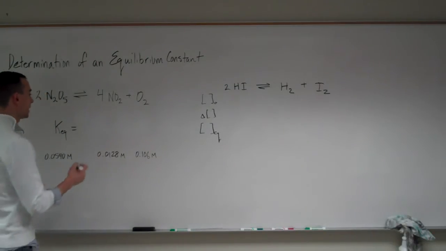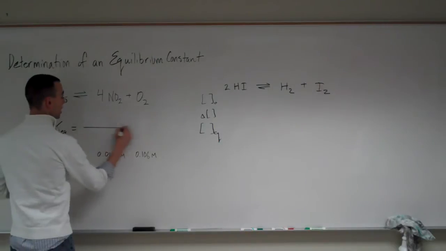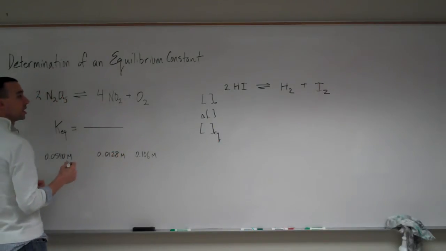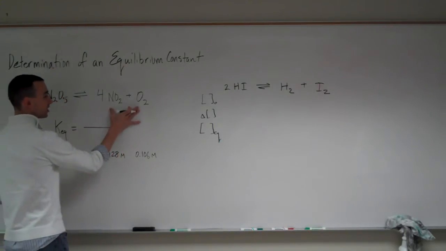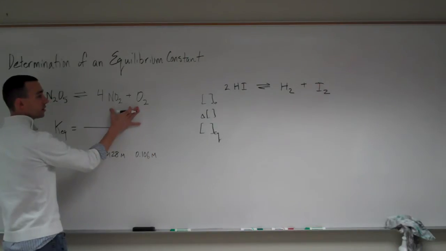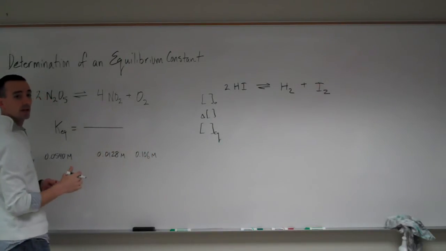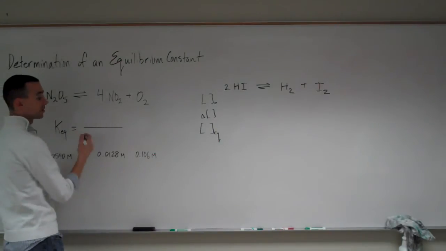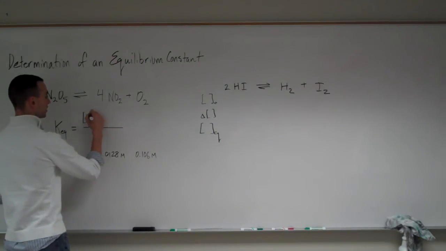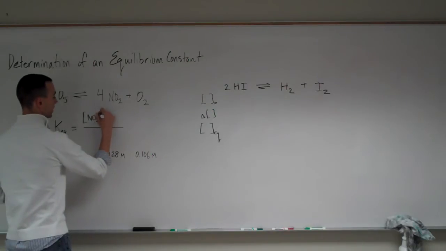The equilibrium constant for any reaction would involve the product concentrations, so our products are NO2 and O2, multiplied by one another, each being raised to its respective coefficient, called its order. We represent concentrations with brackets around a chemical symbol.